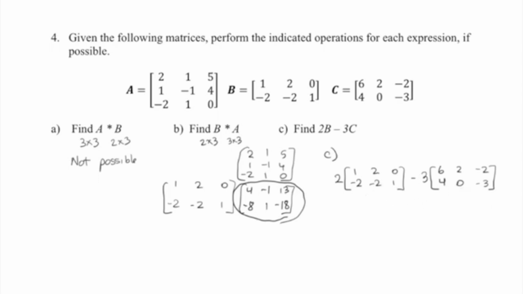So this is 2 by 3 and 2 by 3. So then the scalar multiplication just means every entry gets multiplied by, in this case, 2. And on the other matrix, everything's multiplied by 3.